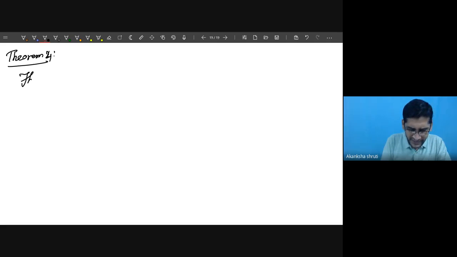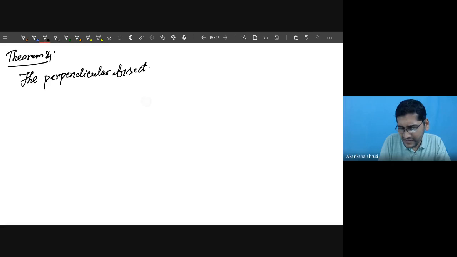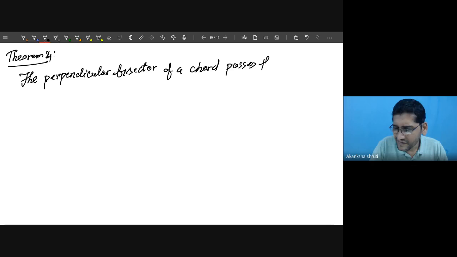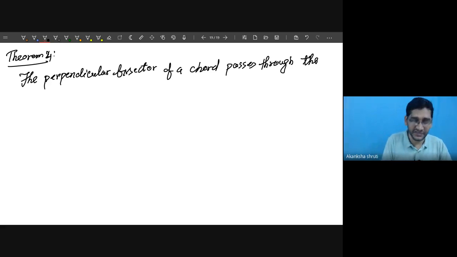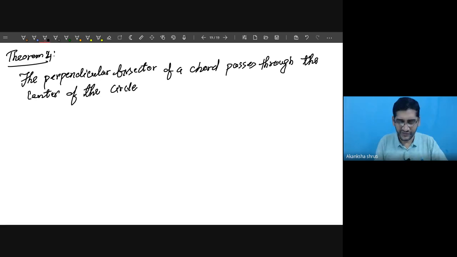The perpendicular bisector of a chord passes through the center of the circle. It is this one.